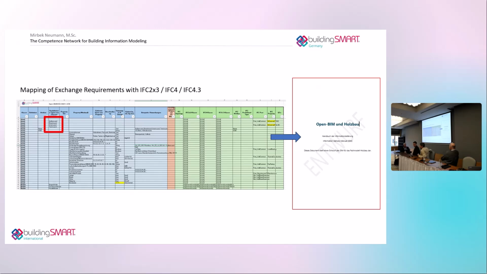You just prepare in your IDS, in your MVD, whatever, a specific class. It can still be called external wall, but it will be specifically defined in bSDD with that property being mandatory. You can also do the same thing for IDS. So it's just an example.